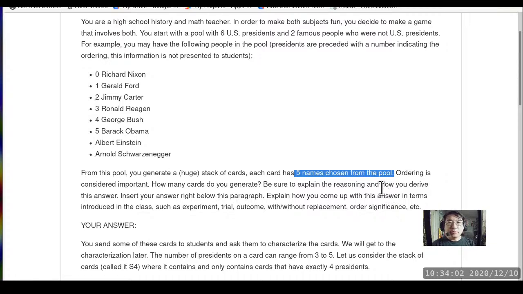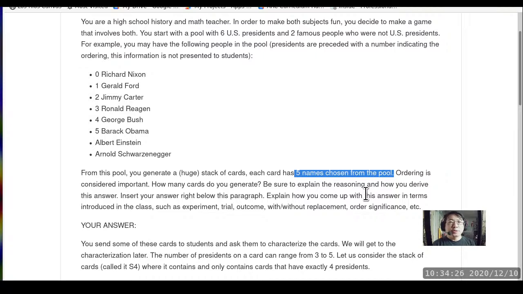I did not make it very clear that a name cannot appear twice on the card, but that really is the case. So if you have any questions like this, during the exam, you probably want to ask me, using a direct message on Discord, and just ask me, okay, can we pick a name twice or more times within a card? And then the answer is no.